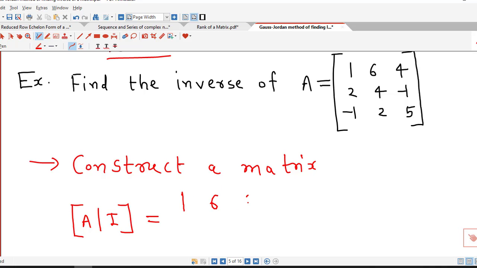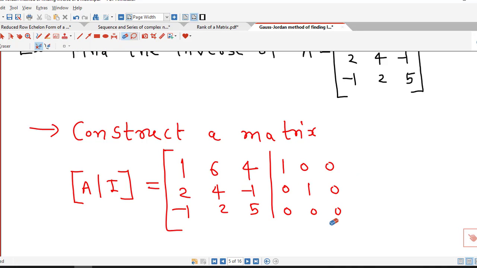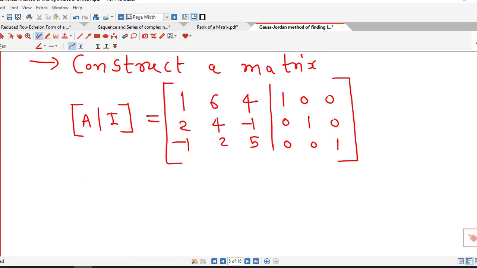So here the original matrix is 1 6 4, 2 4 -1, -1 2 5, and in parallel we write down the identity matrix of order 3: 1 0 0, 0 1 0, 0 0 1. Now we try to convert the matrix on the left hand side into reduced row echelon form. We start with the first non-zero entry of the first row. Here it is 1, and using this first row we make these two 0.